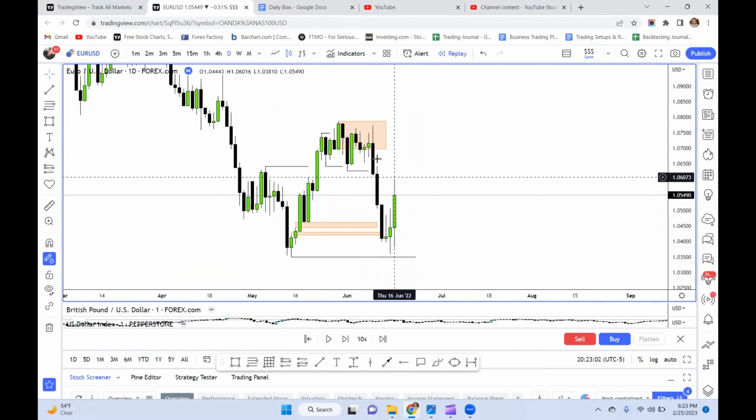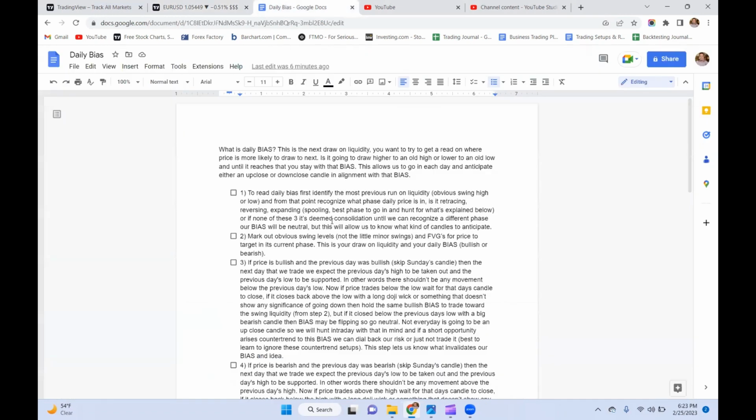And what kind of phase is this? This is a retracement phase. Okay, a retracement phase right here. You want to mark out obvious swing levels, not the little minor swings, and fair value gaps for price to target in its current phase. This is your draw on liquidity and your daily bias, bullish or bearish.